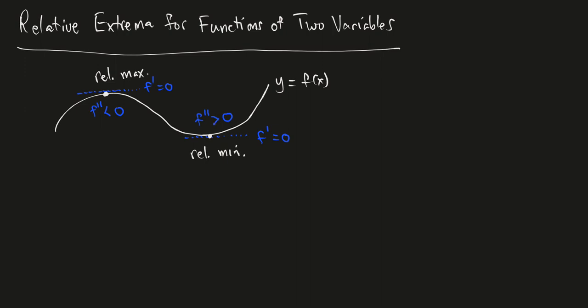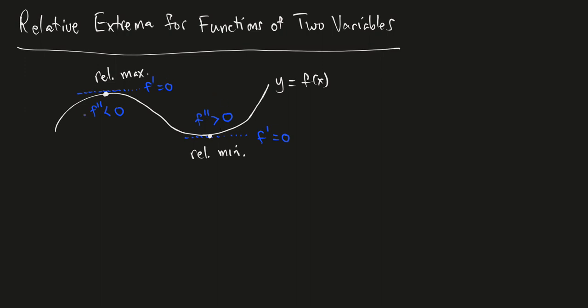So the second derivative test says, if you have what we call a stationary point, where your first derivative is equal to 0, in some interval where your function is concave up, then that stationary point has to be a relative min. Similarly, if you have a stationary point in some interval where your function is concave down, then that stationary point has to be a relative max.